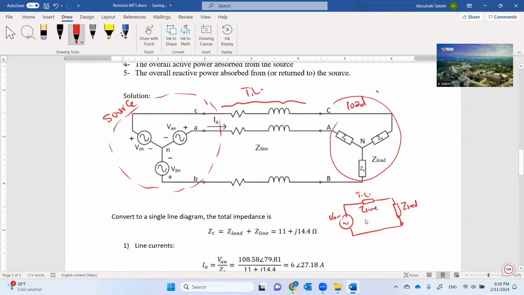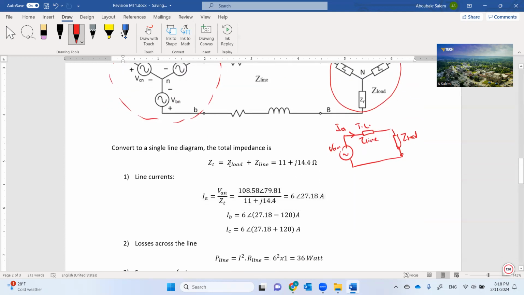So now we can calculate the current easily. I can say this is IA. So we can say now VAN divided by the summation of these impedances equals IA. So firstly, I calculated the total impedance, and then I said VAN divided by the total equals this current.